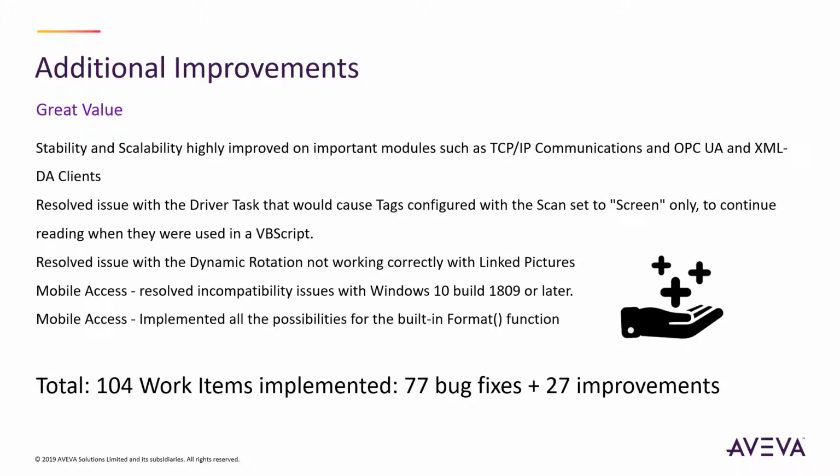So we have changed it. Mobile access should work also on that newer Windows version. And also we have a built-in function called format that we didn't have all the possibilities on mobile access. We have resolved that gap, so now it's working as well. And again, as you can see, it is 104 work items total that were implemented on this release.